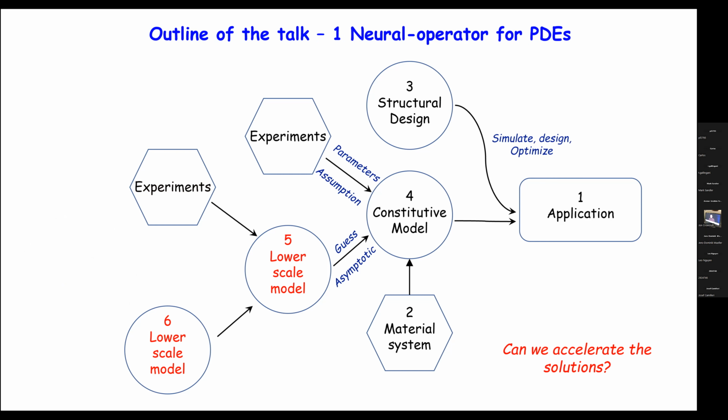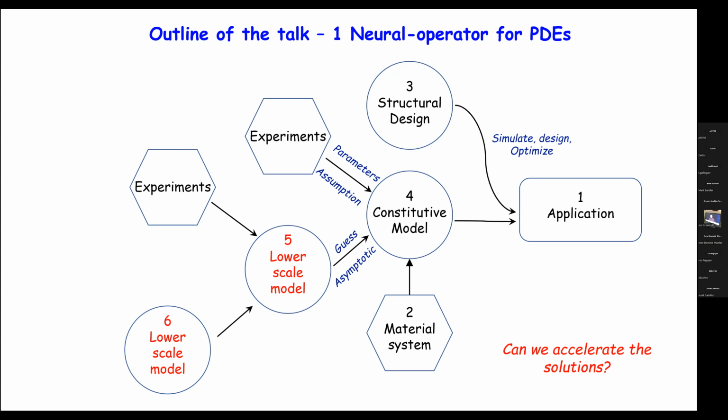And associated with this graph, I would like to discuss with you 3 questions or 3 challenges in terms of applying this multi-scale modeling framework to solve real engineering problems. Now, the first challenge is that it is very nice for us to use lower length scale models because it reduces the number of assumptions that we would need to make, or the number of experiments that we would need to do.